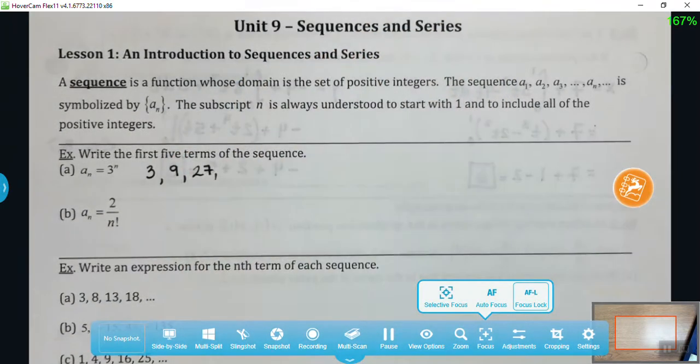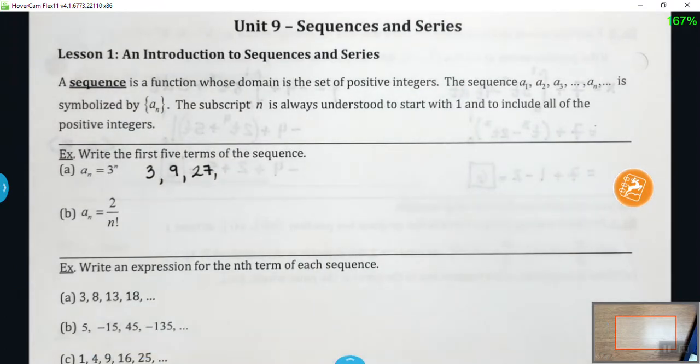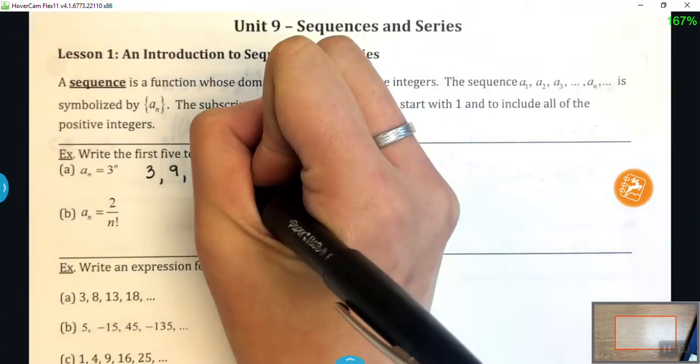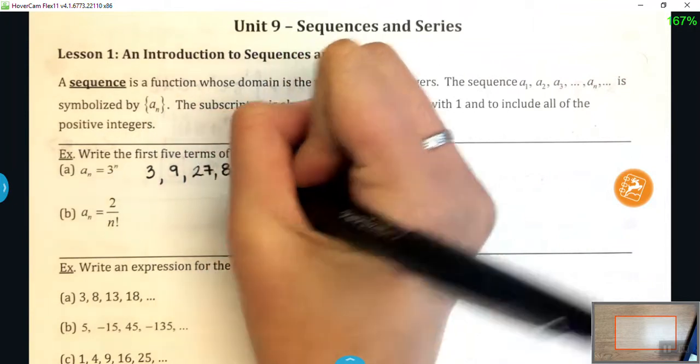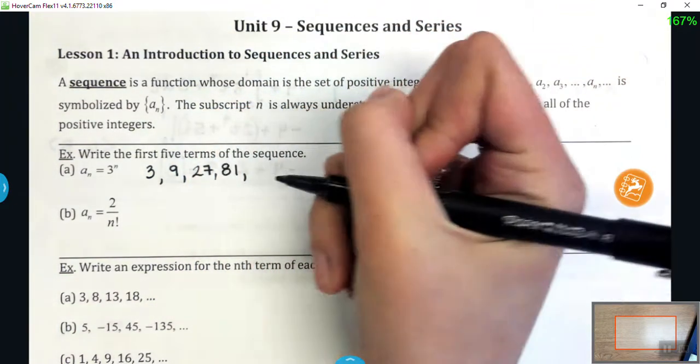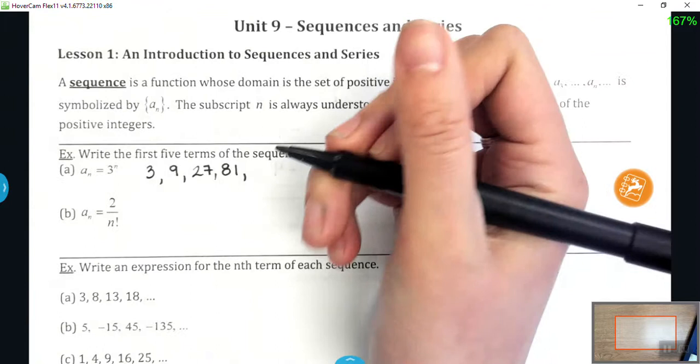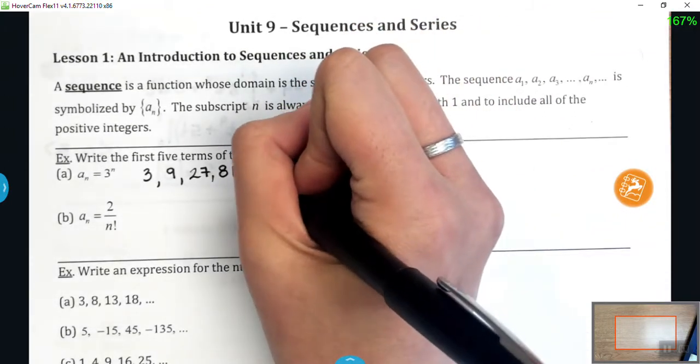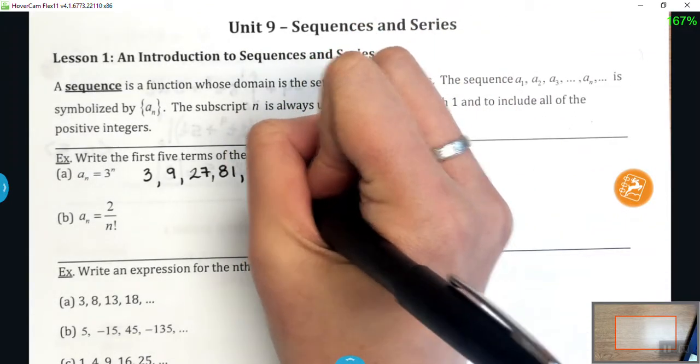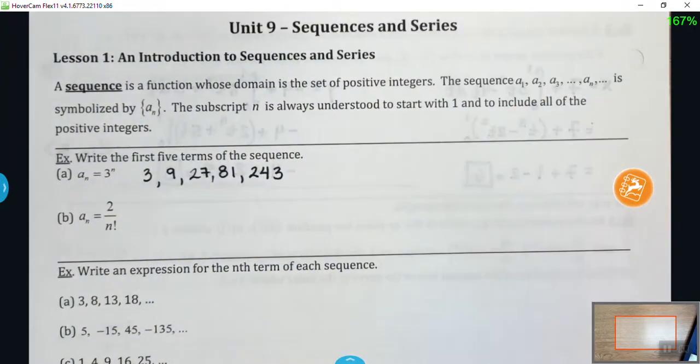And then you plug 4 in and you get 80. And then you plug in the 5th term and you get 248. So it's just the first 5 terms of the sequence, just set in numbers.